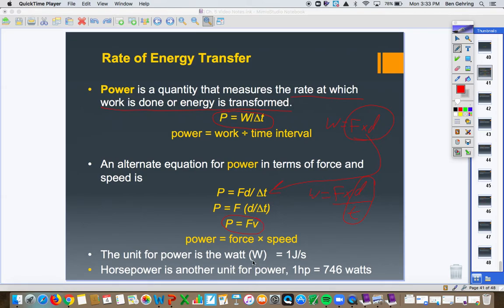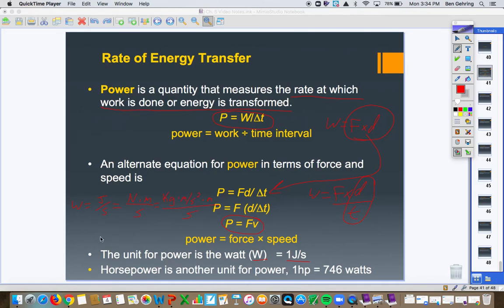Power is measured in watts. Remember, work is in joules, but because power is work divided by time, 1 joule per second is the same as 1 watt. So we have watts equal to joules per second. And joules, if you remember, is force times distance, which is newtons times meters. A newton is a kilogram times meters per second squared, and then times meters, all divided by seconds.